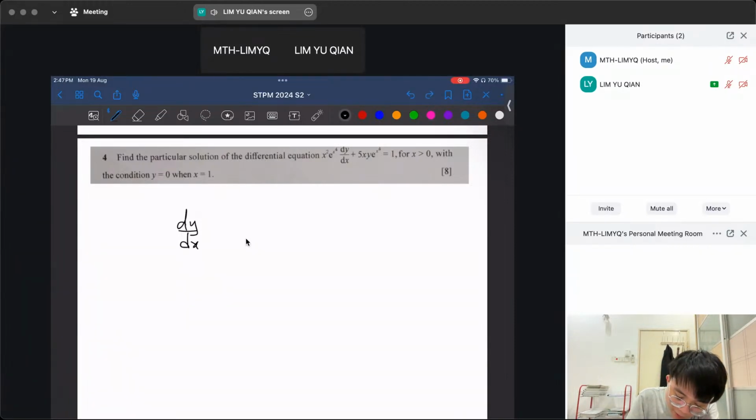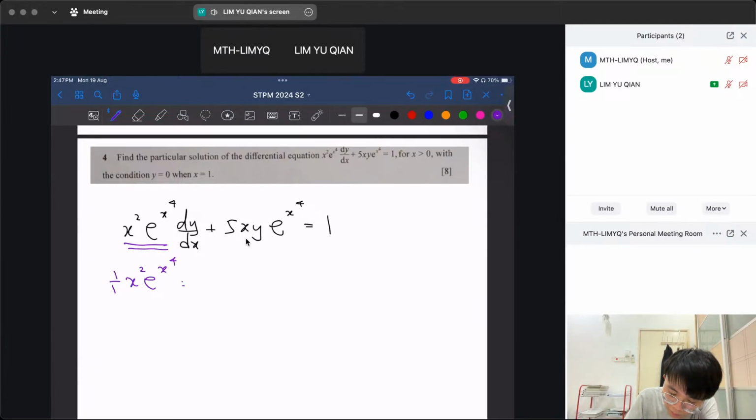When I copy first, e^(x^4) plus 5xy e^(x^4) equal to 1. So this is the extra thing, so we have to divide this equation by this term. So divide by this term, so you will have dy/dx only plus 5x.